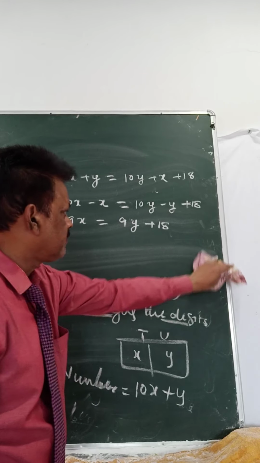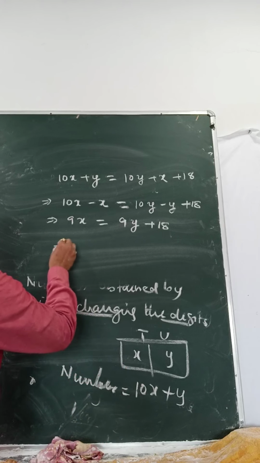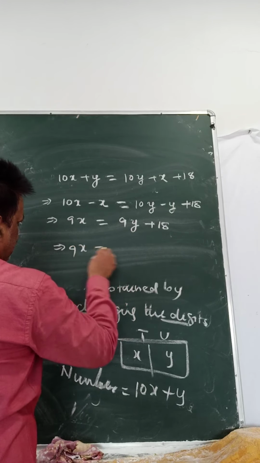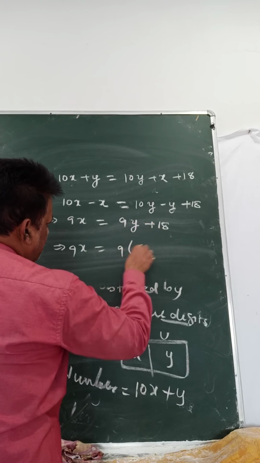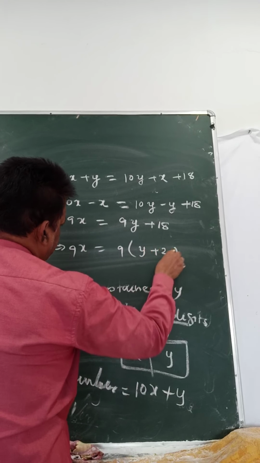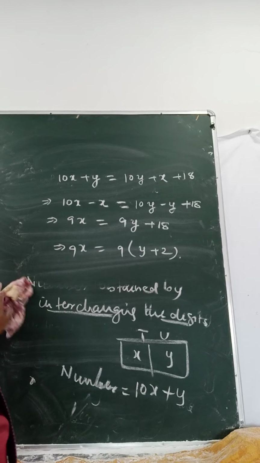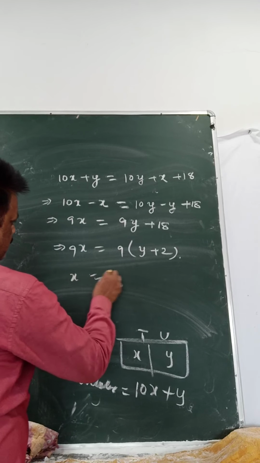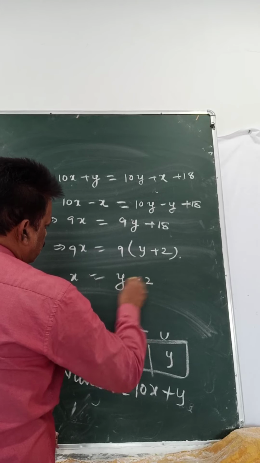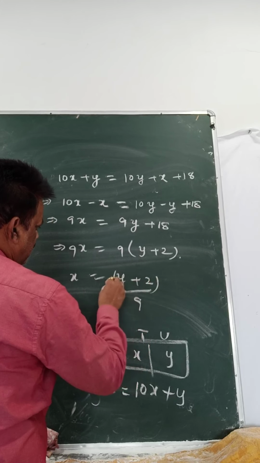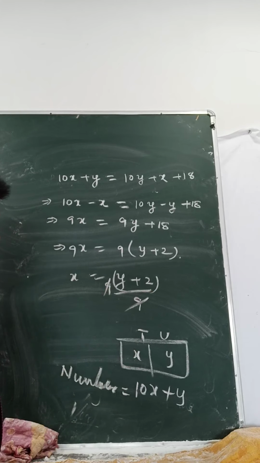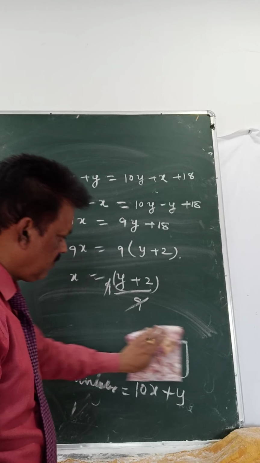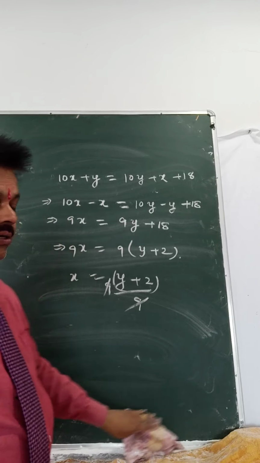Okay, then what are you getting? 9x equals, 9 common, y plus 2. Then x equals (y plus 2) by 9. Here is also 9, 9 cancels. So x is equal to y plus 2. Now same thing again, putting the value of x in the other equation.